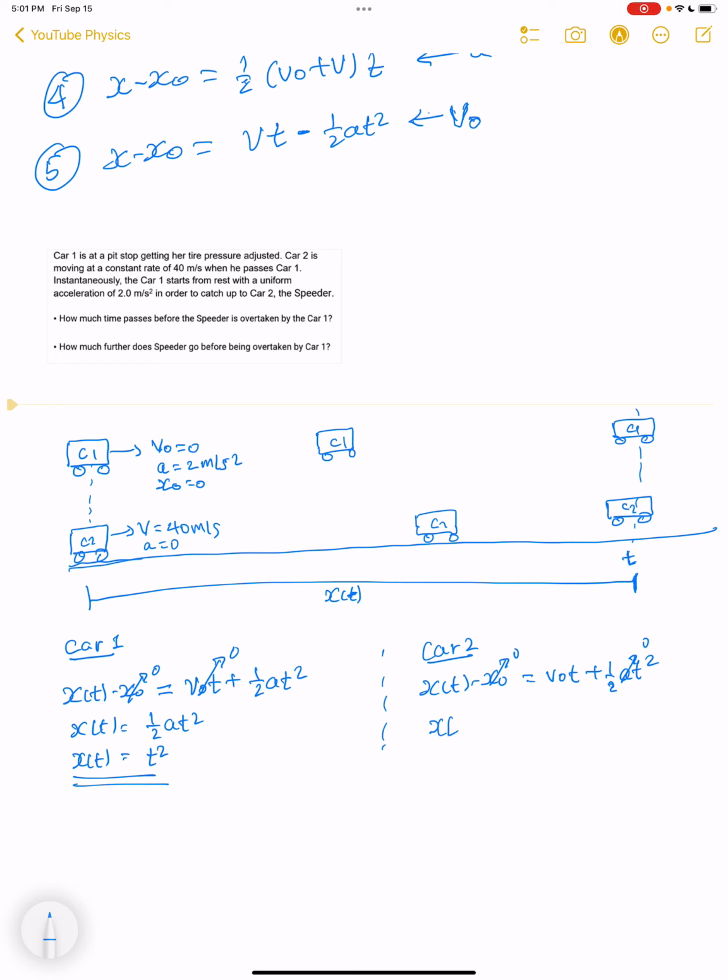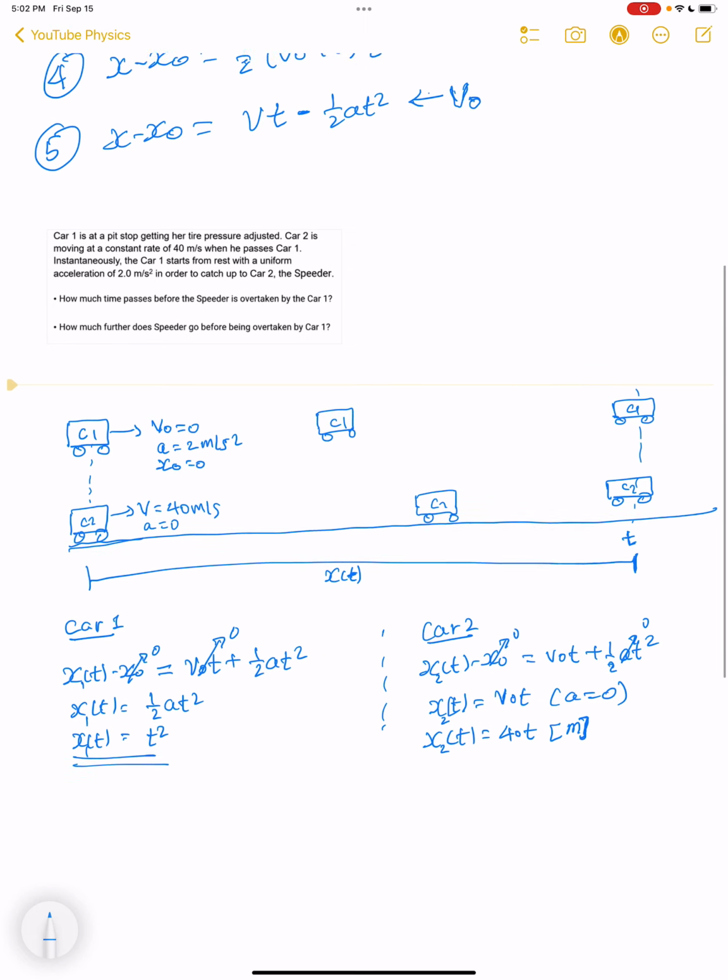So the velocity is just constant speed, and the acceleration term drops out. We plug in the 40 meters per second, so this is 40t, in meters, because it's a position. Sorry, I should have used the subscript: this is x of 1, and this is x of 2.